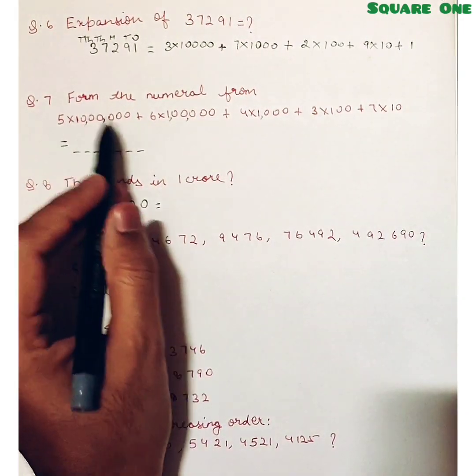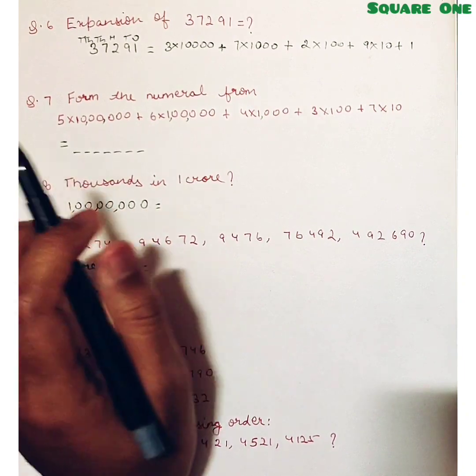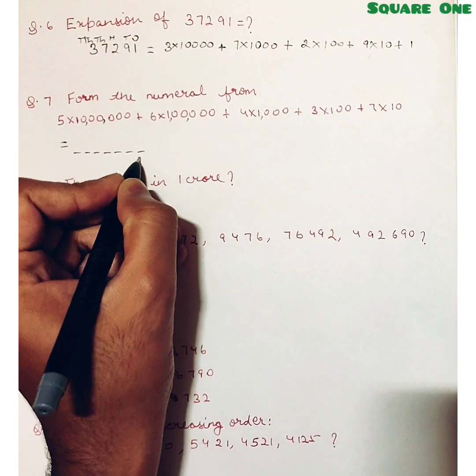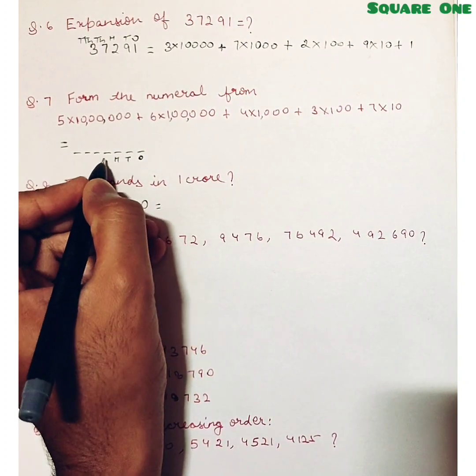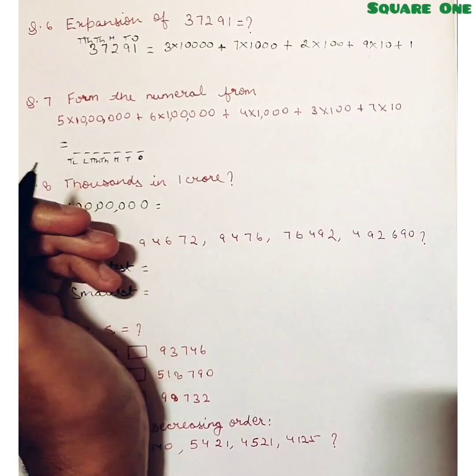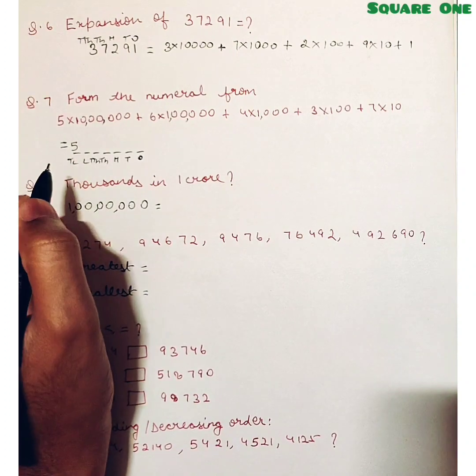Now the biggest term contains 7 digits, so the number will also contain 7 digits. So I have made these 7 places. Now let me write place names: ones, tens, hundreds, thousands, 10,000, lakhs and 10 lakhs. 5 occupies the place of 10 lakhs, so I will write 5 there.